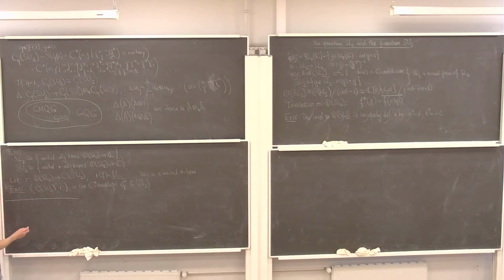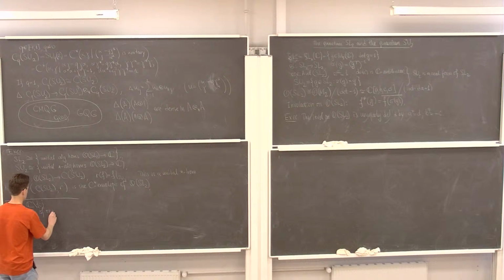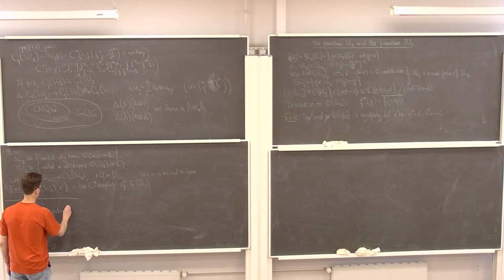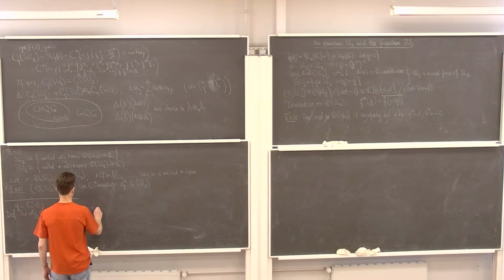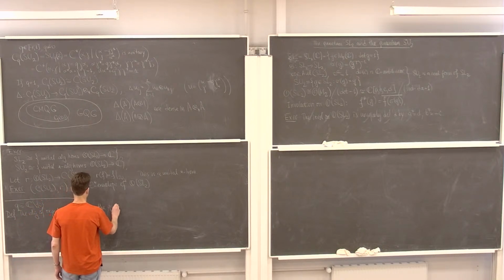So let's now turn to the quantum case. First of all, we choose a non-zero complex number q. And we define the algebra of regular functions on the quantum SL2.